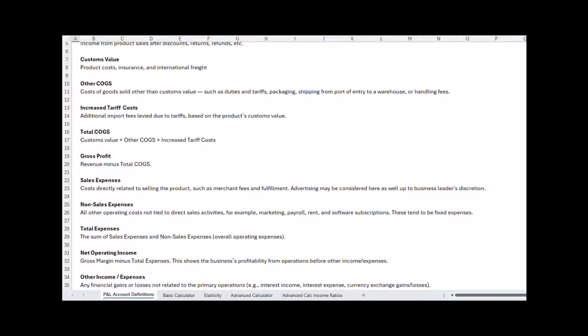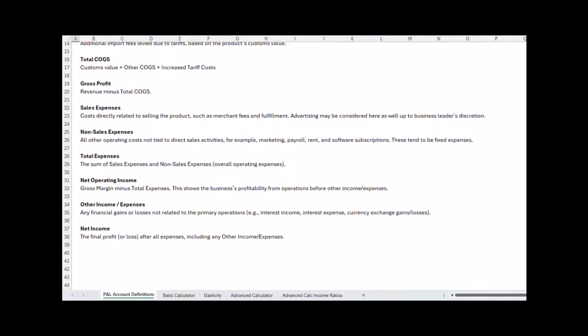So sales expenses typically are going to include your merchant fees, your fulfillment, and some people put advertising here as well. Every other expense will be considered a non-sales expense. So think payroll, software, etc. Your total expenses is then the sum of the sales and non-sales expenses.